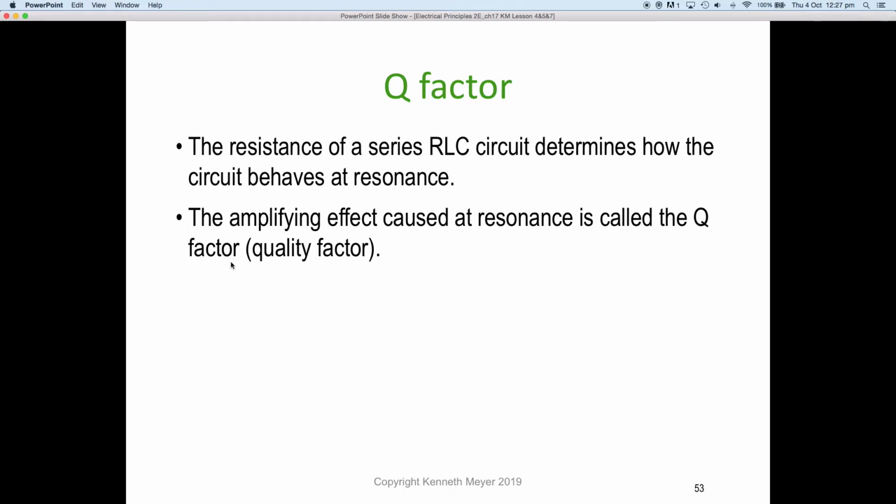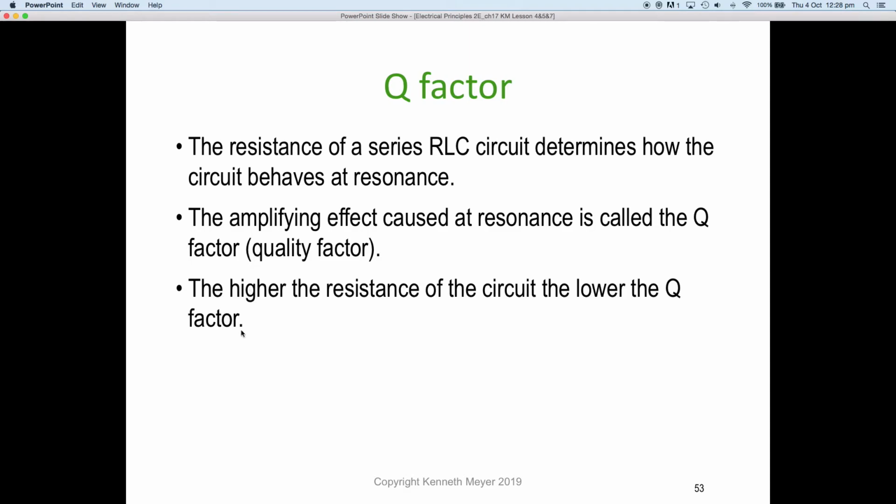The tinier and sharper the point is, the better the Q, or the more filtering you can create with that particular circuit. The higher the resistance of the circuit, the lower the Q factor. So if you've got higher resistance, then the Q will be lower.